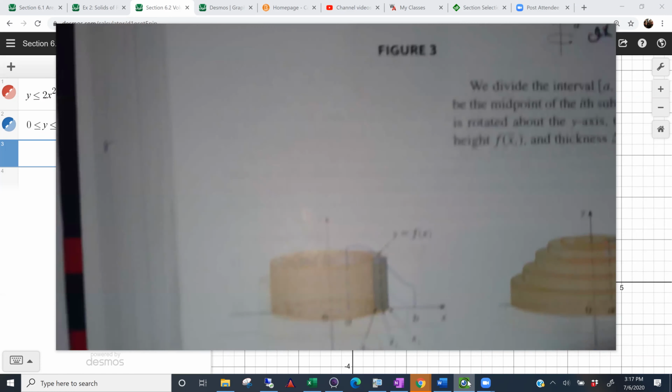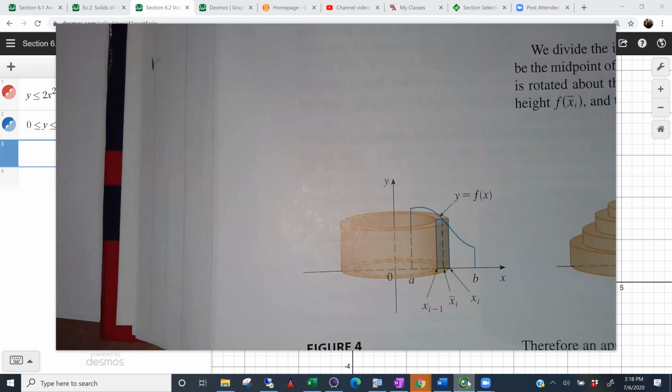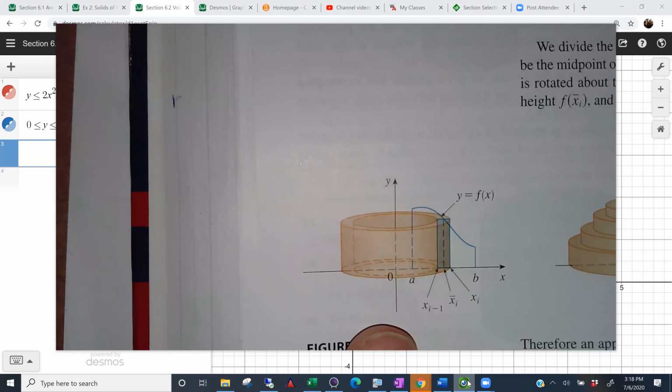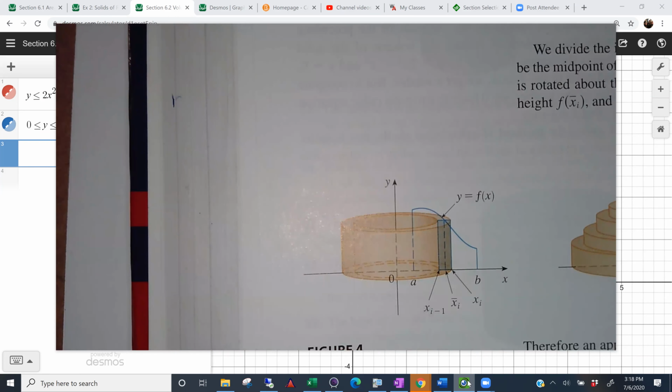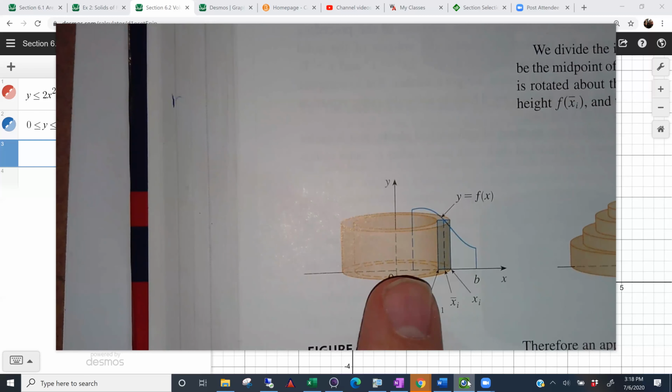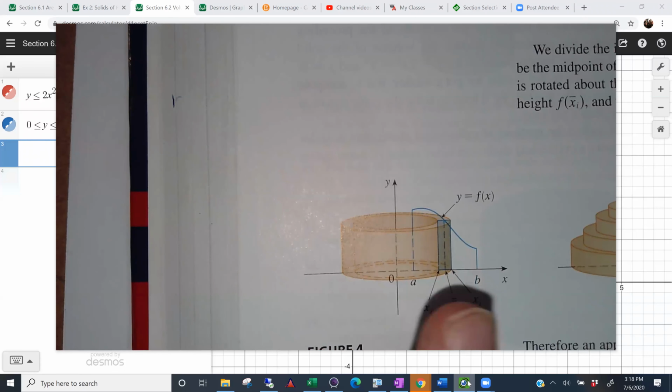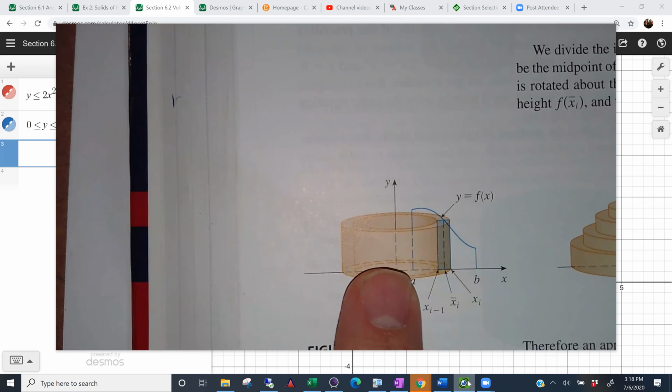I apologize, I'm not completely coordinated with my little viz cam here. But what you get is kind of like a shell. And you can see the cross section of that shell and imagine it rotating around, and you sweep out a volume. And just like we did with our disc and washer methods, we're going to try and find the volume of that one shell.